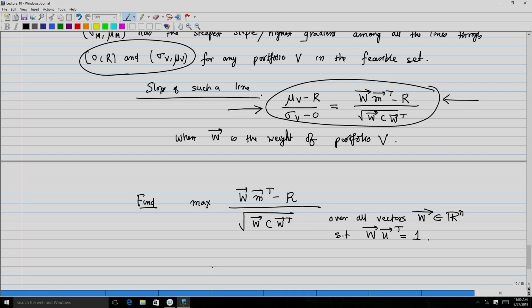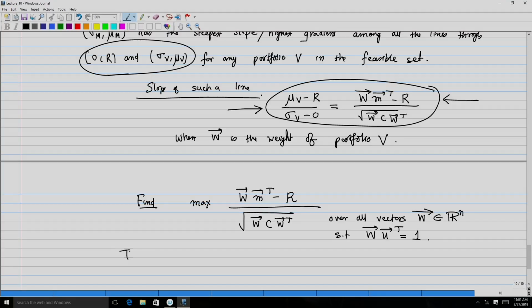Now, here since we have to actually ascertain the weights and these weights are in R n, obviously we have to resort to the method of Lagrange multipliers as we have used in certain cases previously.